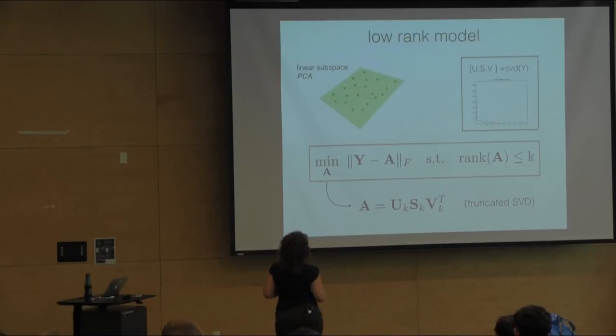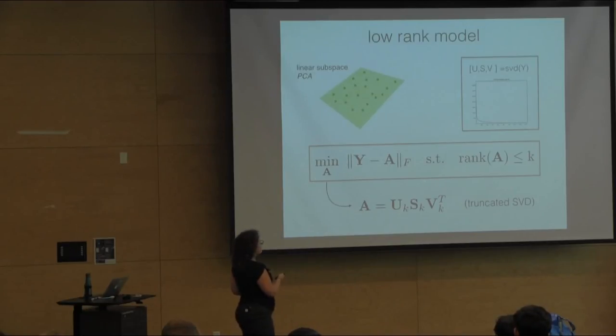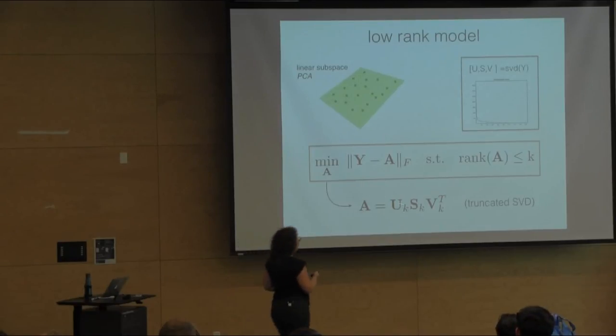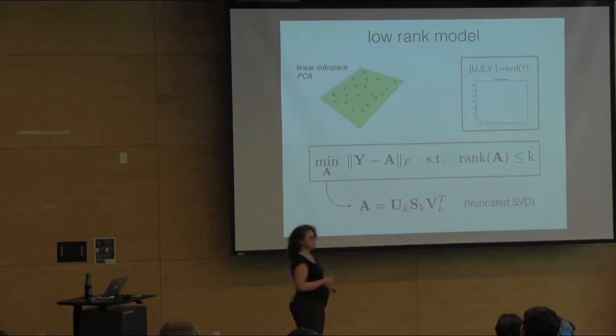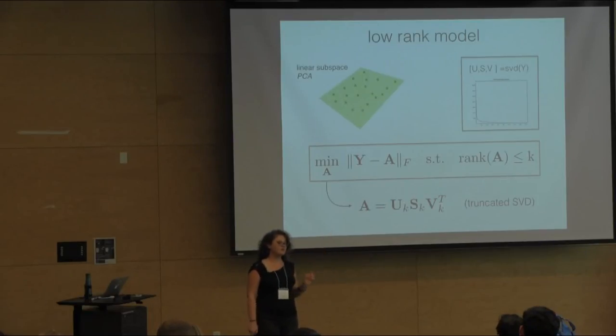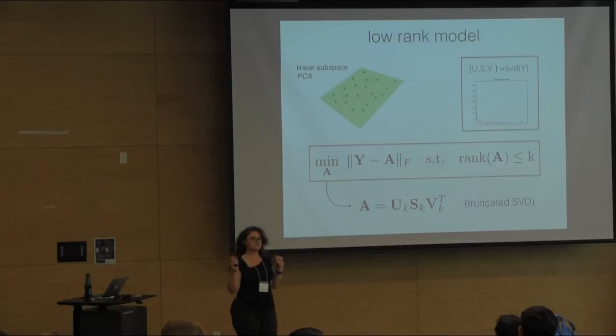The solution to this problem involves taking the SVD of the matrix and truncating each of these matrices so that it only keeps the top K principal components or singular vectors. We do the same truncation on U, S, and V, and then multiply them all together, and that gives us our rank K approximation to the data.